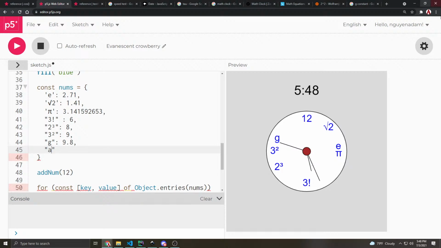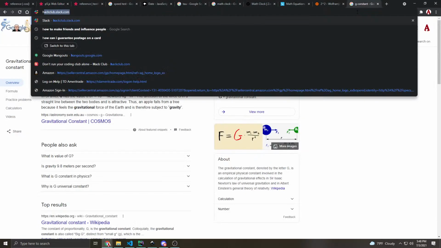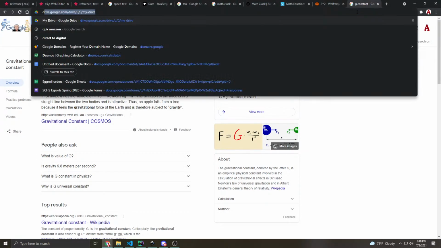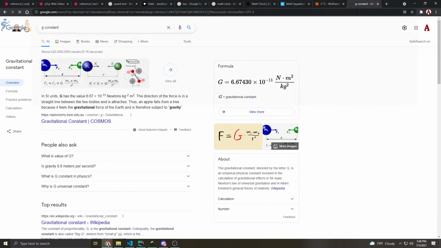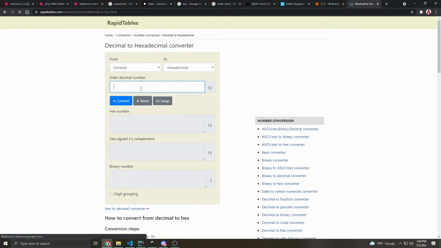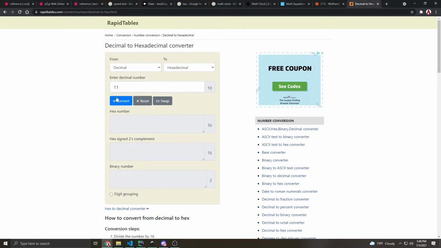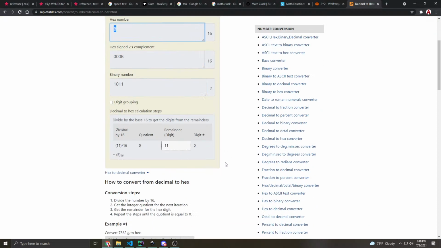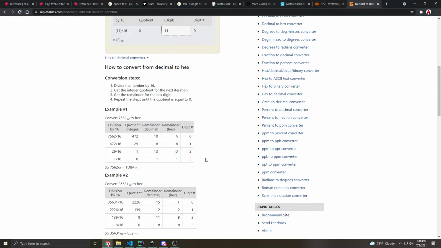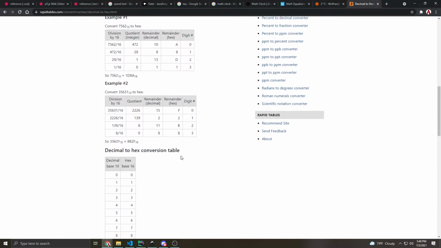It's A. Should be A. It's B? What? It's B. Oh, it's 10 is A. It is definitely B. How do we show it's a hexadecimal number?